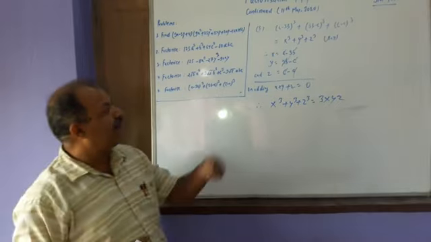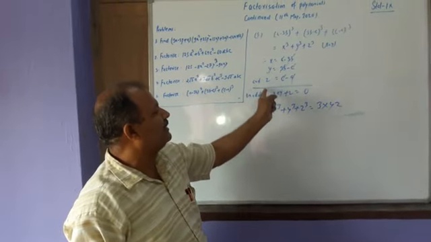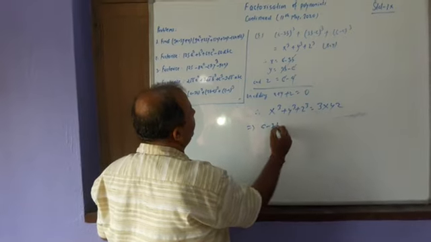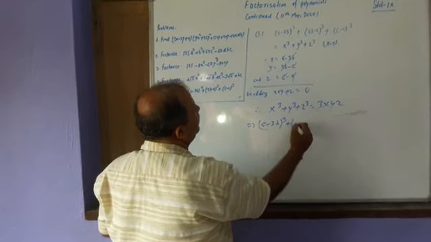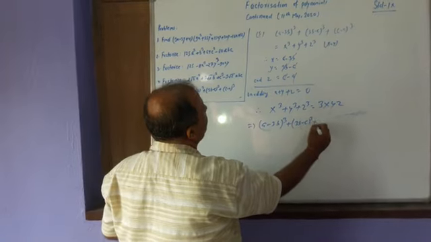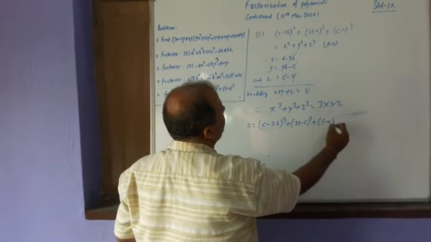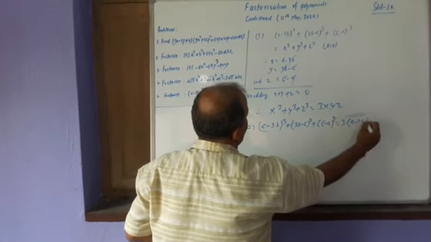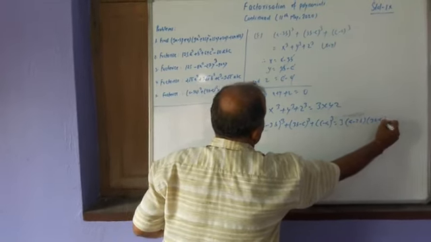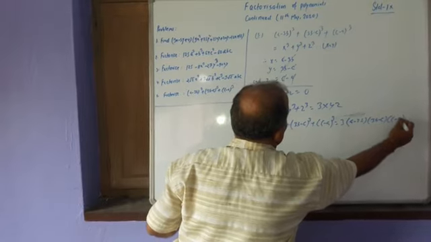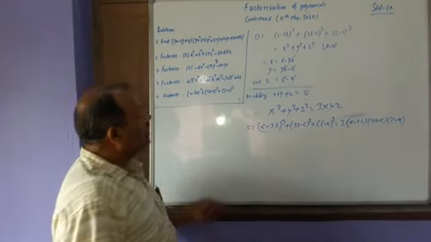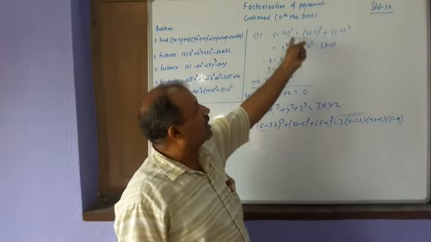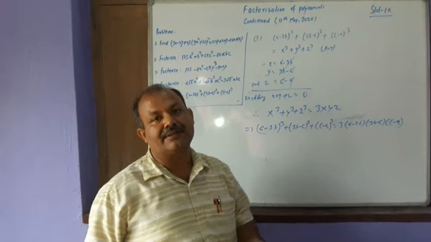Now we have to place the values of x, y and z here. Then we will get cube of a minus 3b, cube of 3b minus c, and cube of c minus a is equal to 3 into a minus 3b, 3b minus c, and c minus a. These are the factors which are obtained after factorizing this expression.